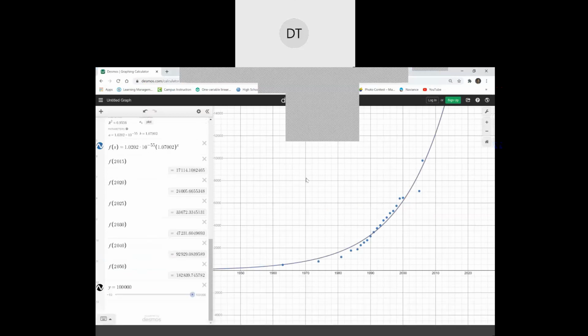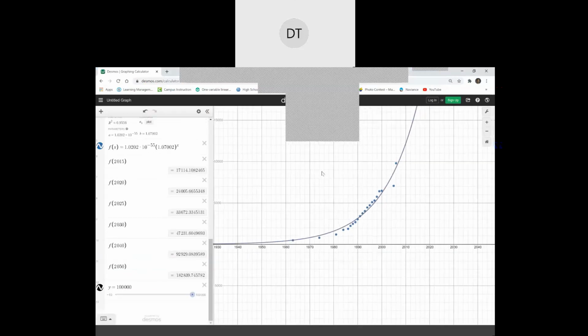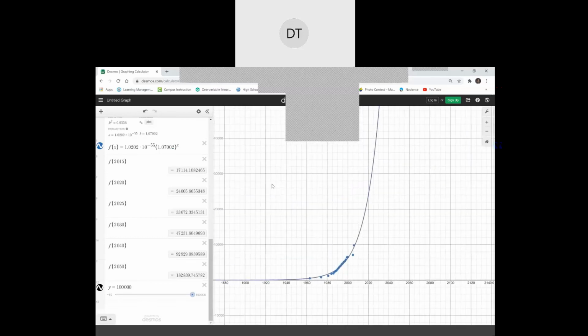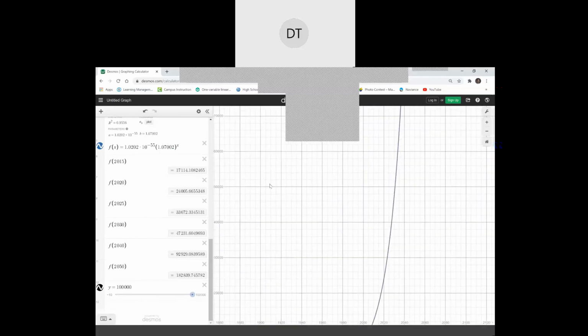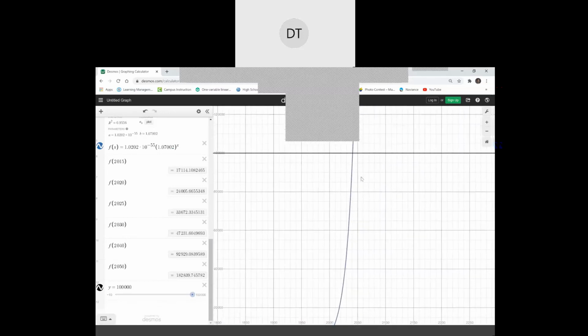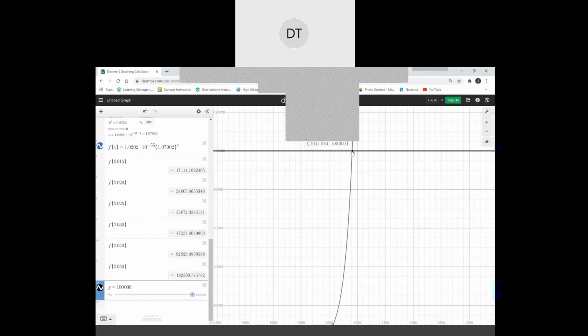And we can't quite see 100,000, so we're going to have to zoom out just a little bit so we can find it. There we go. Here's our 100,000. So that looks like it's in 2041, 2042. So based on this model, in 2042, we should have reached 100,000 nesting pairs like that of 1782.